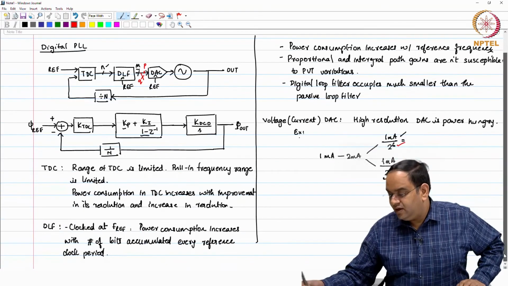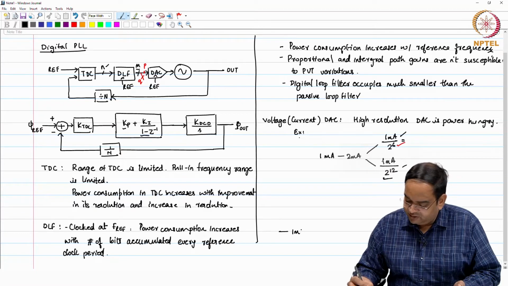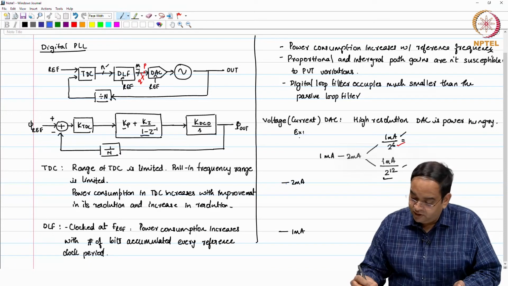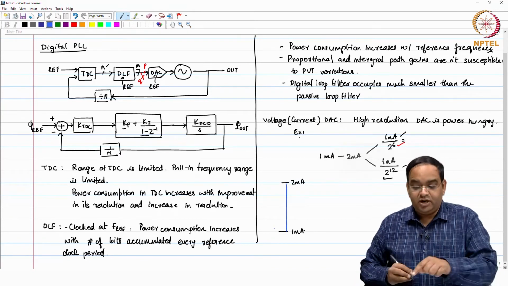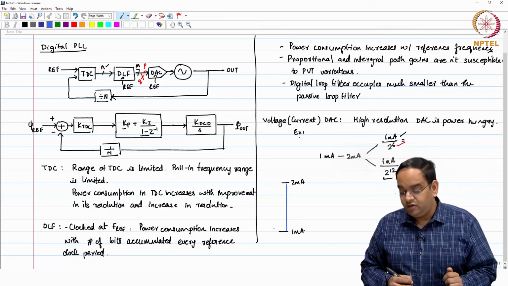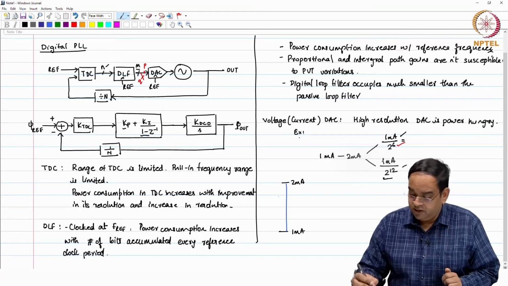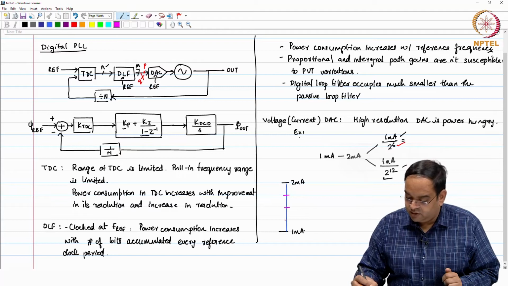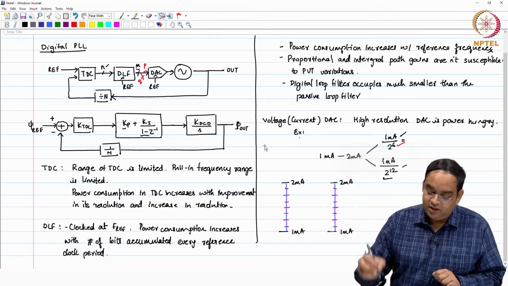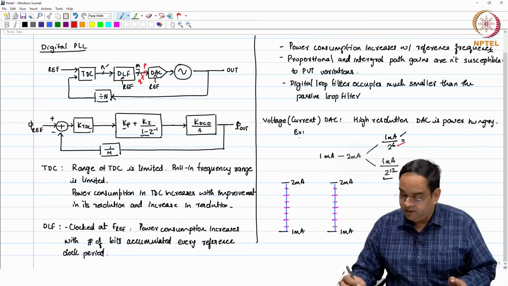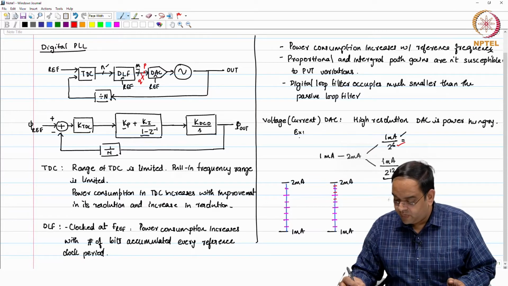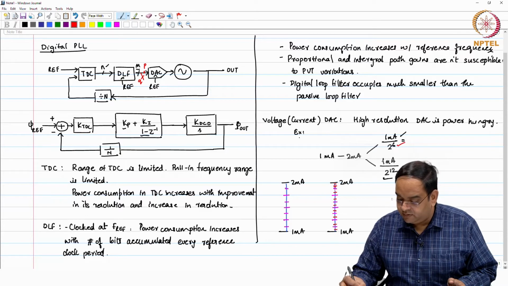So, to be clear, you just try to understand this, you have 1 milliampere and 2 milliampere. This is the range you want to cover, to control the oscillator frequency, which is coming from the number of bits from the digital loop filter. In one case, you are having much coarser steps, like this is just an example. In the other case, you have even finer steps like this. This is only half of it. So, I can have something in between.